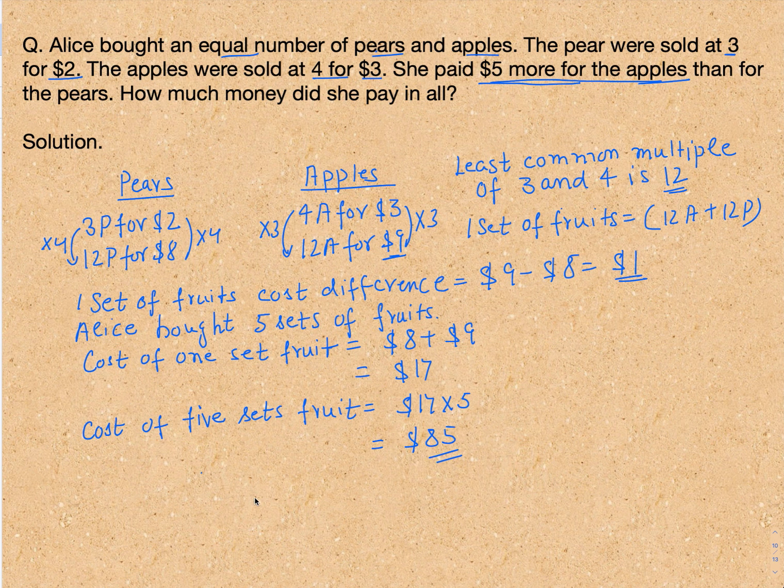So to answer our question, Alice paid $85 in all for all the fruits.